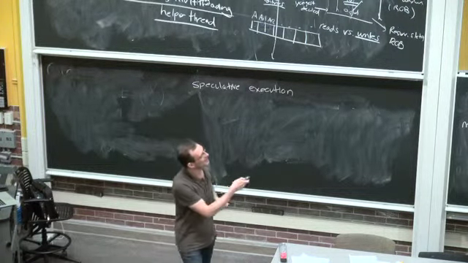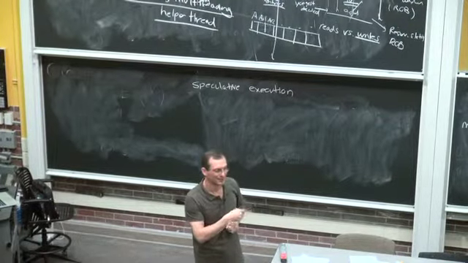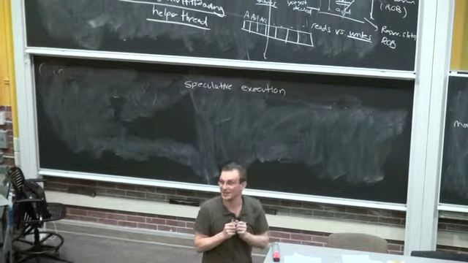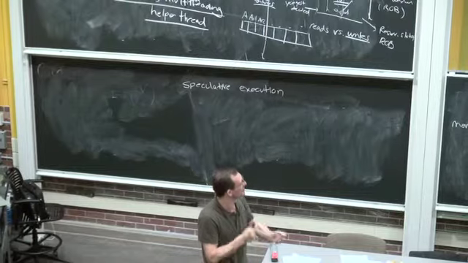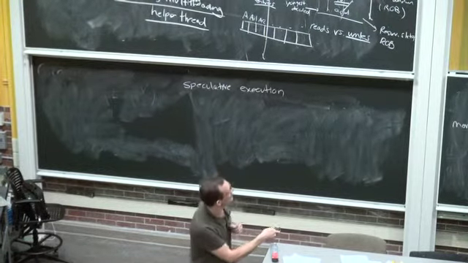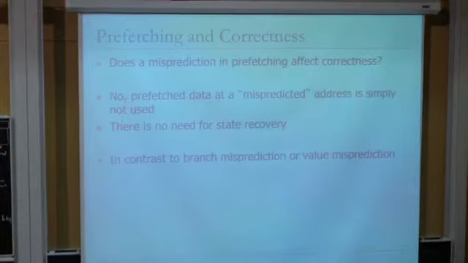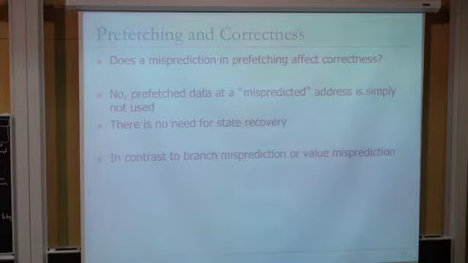Prefetching is like that, right? Branch prediction is also like that. You predict a branch before you know the direction, right? Before you really know the direction, you guess, if you will. Value prediction is also like that. But these are different because if you mispredicted a branch, you'd better recover, right? Does that make sense? You need to actually go back to the correct state in this case.